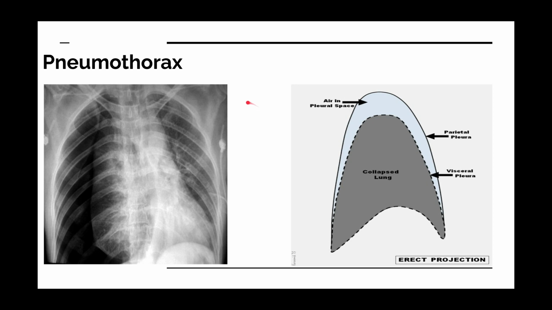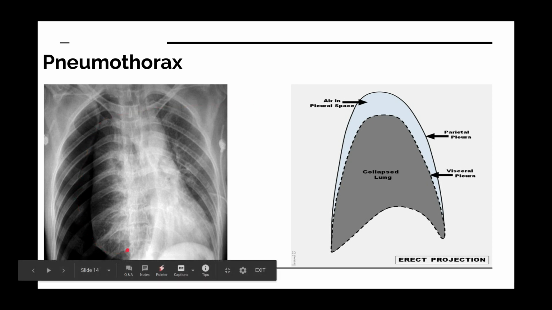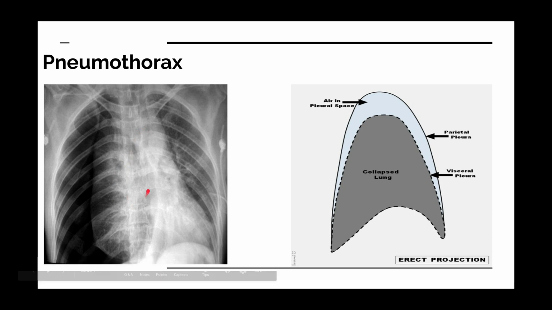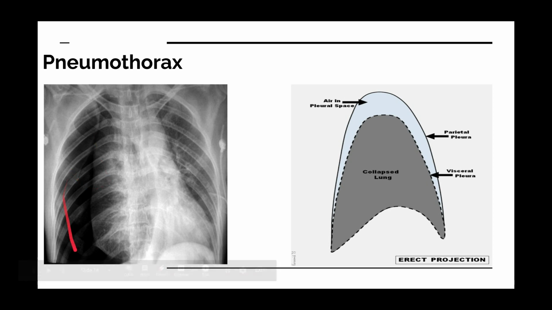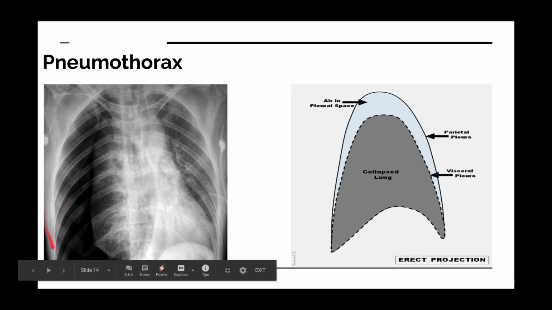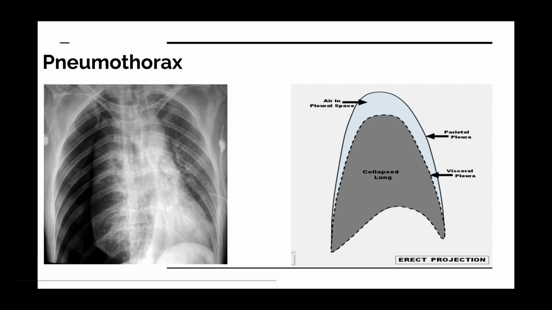So as you can see in the X-ray, we can see a white line, which is the lining of the visceral pleura, and we can see that this is completely dark in color, and all the air is accumulated here, and the patient might have subcutaneous emphysema, and also the lung may be collapsed.